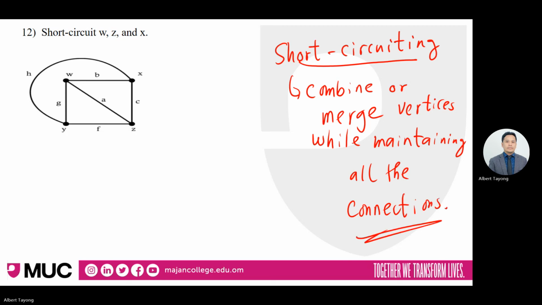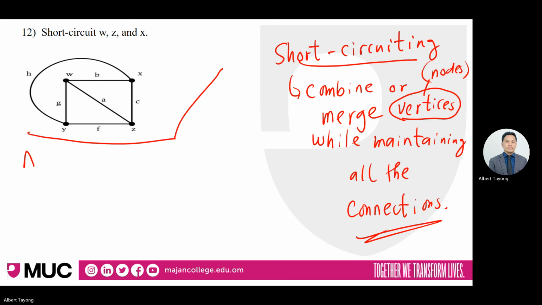Okay, so it could be two vertices or points. When I say vertices, these are also called nodes or points. It could be two, three, or more. Now, here we are going to combine our W, Z, and X.